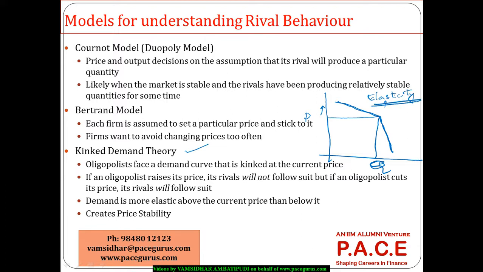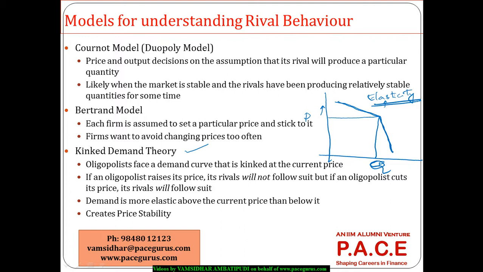If firm X, which is part of the oligopoly, has increased the price, the competition is not going to increase the price, which means all the customers of X are getting shifted to the competition, so the quantity of X is going down drastically.